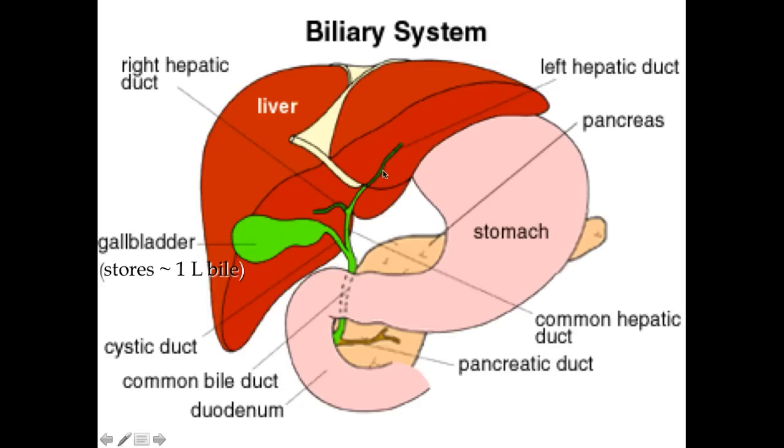So it goes into the left hepatic duct and right hepatic duct, and then it will empty into the common hepatic duct. And there's a gallbladder there. It will enter into the duodenum first, and then go into the intestine, and this is your stomach and your pancreas. Now we have finished the anatomy of the liver.